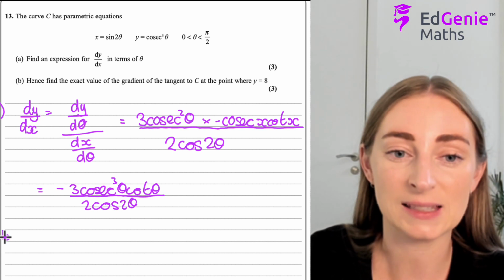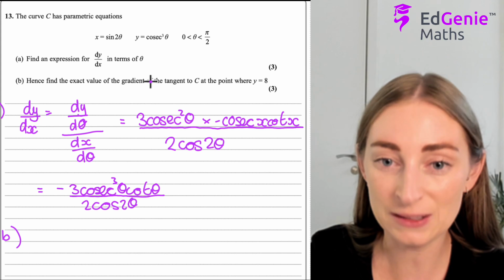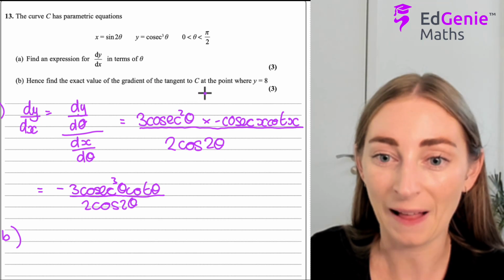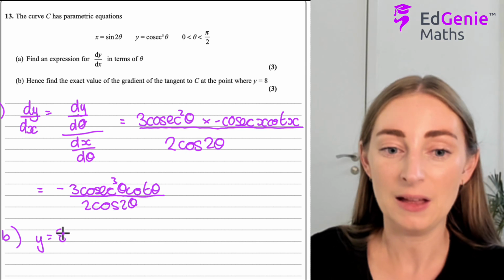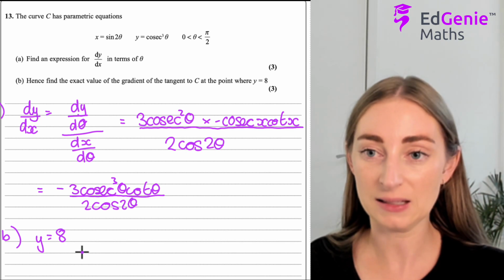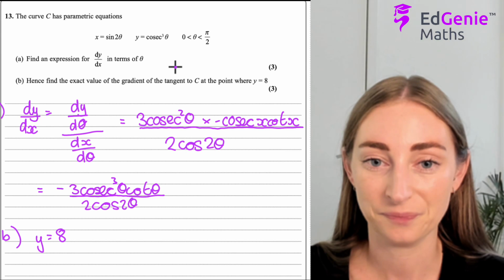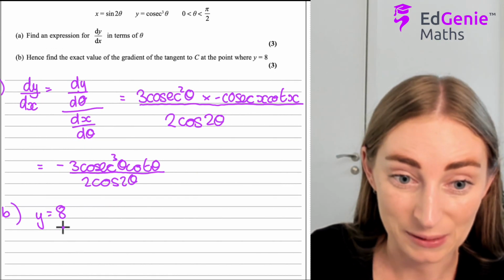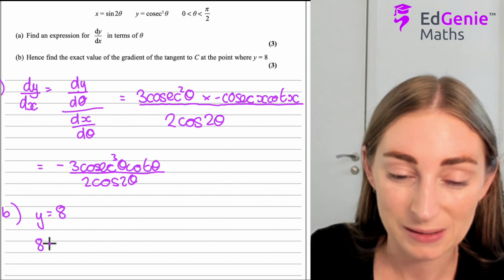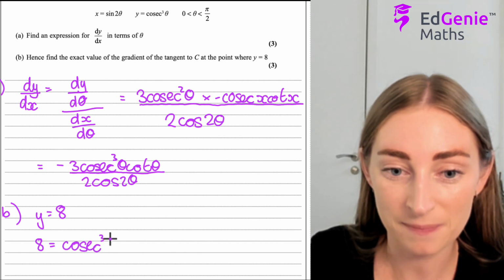Part B says, hence find the exact value of the gradient of the tangent to C at the point where y equals 8. So if y equals 8, we then need to find out what theta must be. So let's do 8 equals cosec cubed theta.